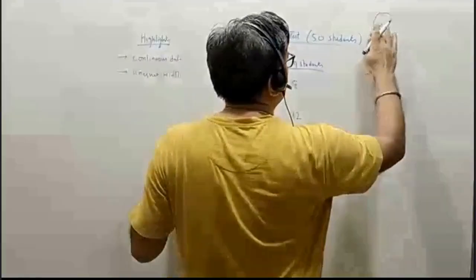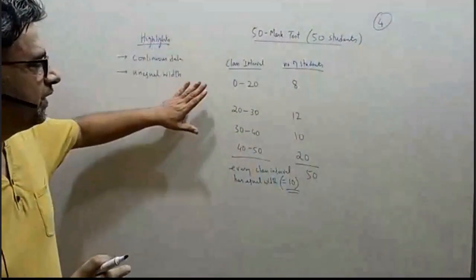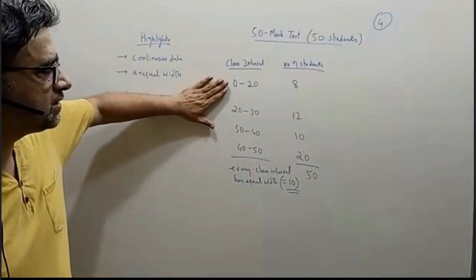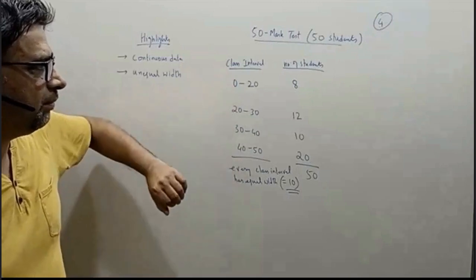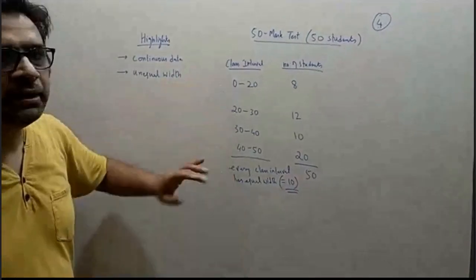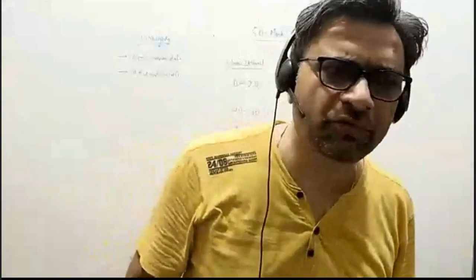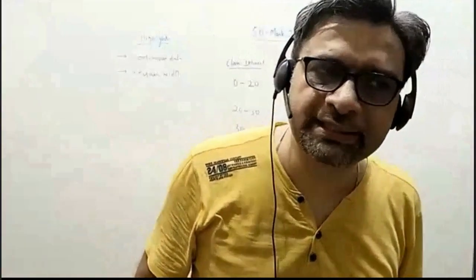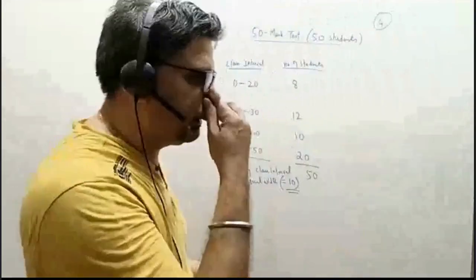We are talking about the fourth case now. So are you good with the expectations, folks? That we are talking about a histogram pictorially representing this data where the class interval is not all equal. Are we making sense, everyone? Yes, sir. Okay.